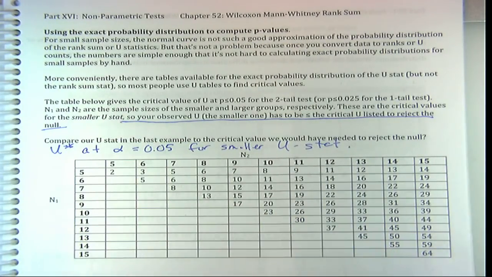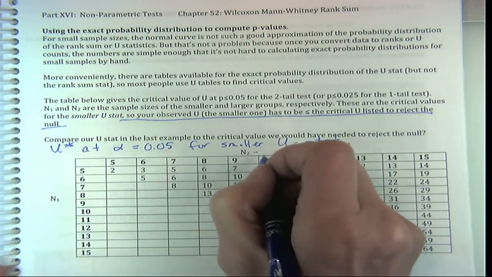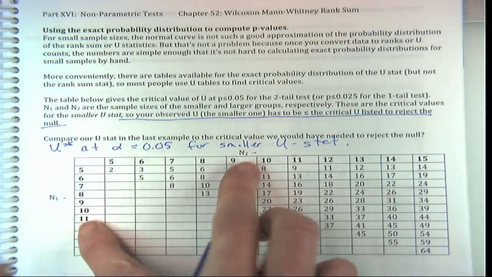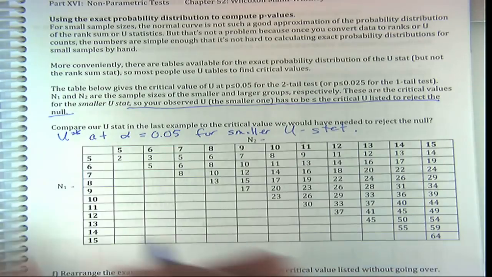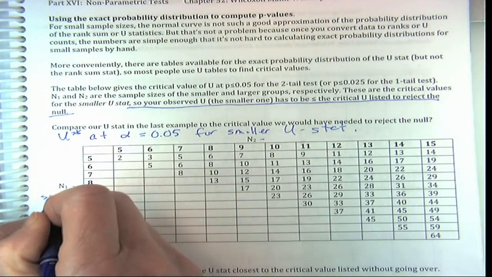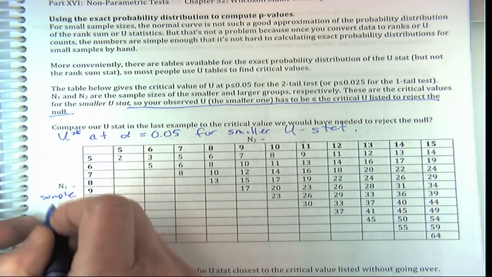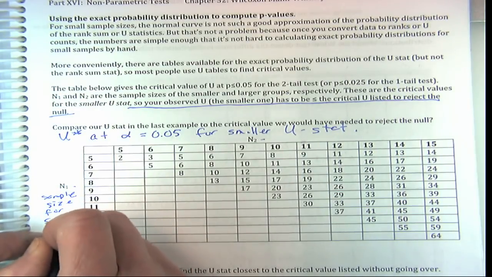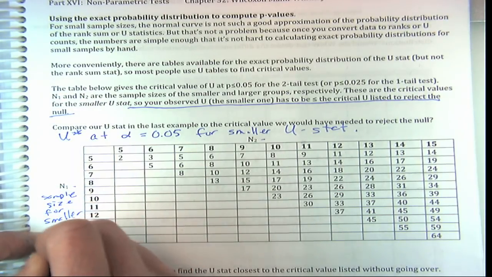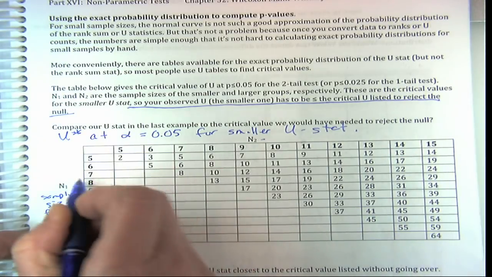So how do we read this table? N1 and N2 are the sample sizes of the two groups. This is the sample size for the smaller group, so that would be 7 for us right here.